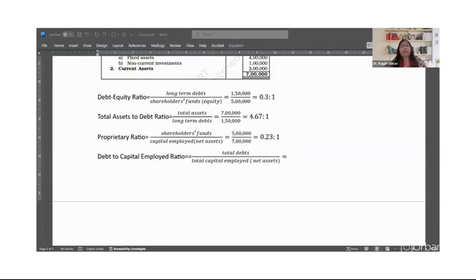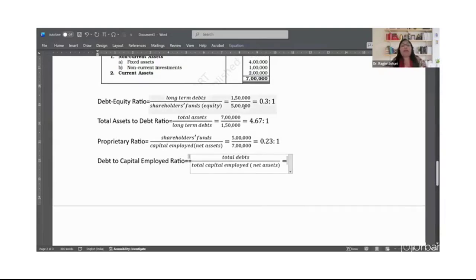1,50,000, which is already given, right? Then capital employed is shareholders' funds and long-term borrowings. Shareholders' funds are 5 lakh, and long-term borrowing is 1,50,000.